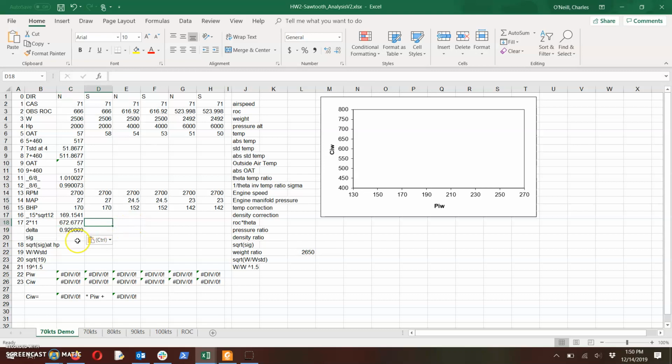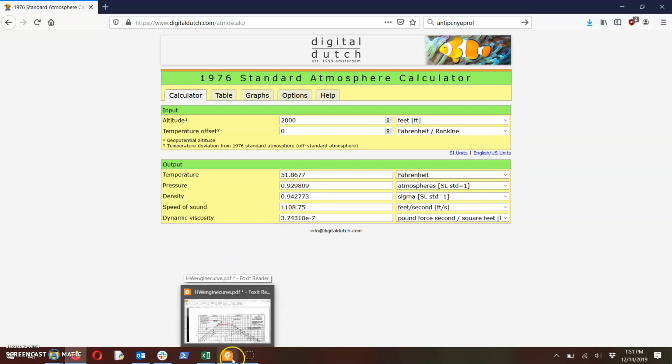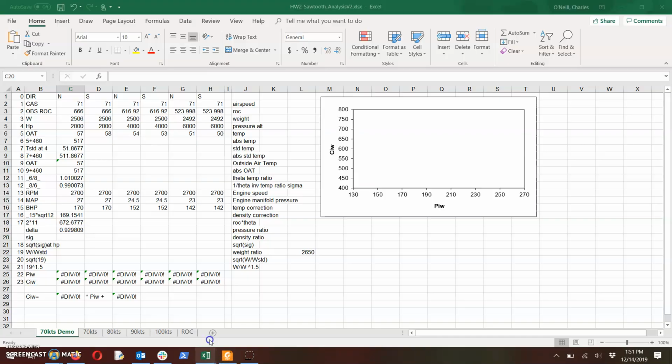Okay. Now at this point, you're going to be tempted to go over to this equation here and just take in the density ratio, and you should not do that because the pressure is not standard. So we can actually calculate that. Right, if we know that pressure is equal to density times R times T, then just doing a ratio would say that delta is equal to sigma times theta.